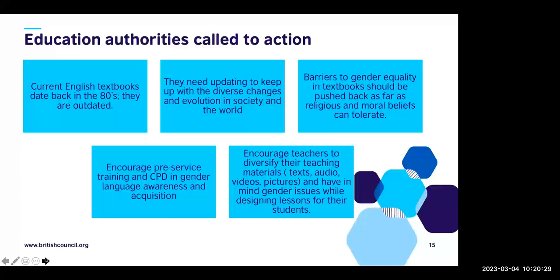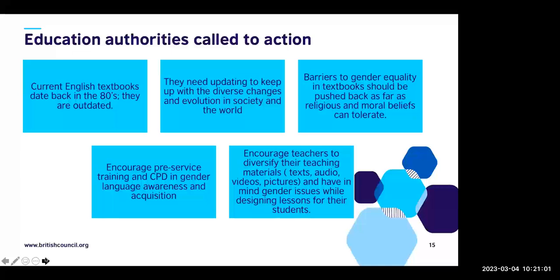So barrier to gender equality in textbook should be pushed back as far as religious and moral belief can tolerate. And I insist on that. We should not overdo things. We should not force things that are not accepted by our society. It is something that I really insist on, okay? But since there are some improvements, some changes in our society, we should make sure that these are visible in the textbook that contribute to shaping the future of our learners, okay?